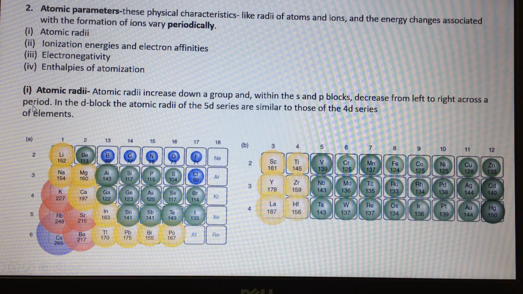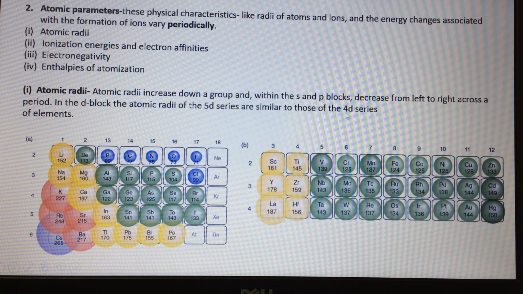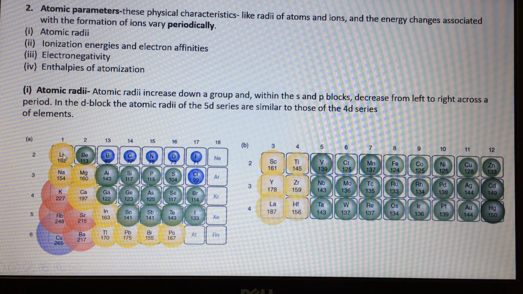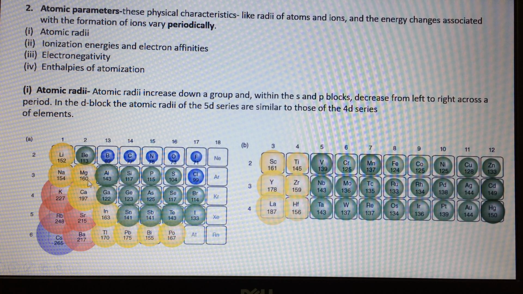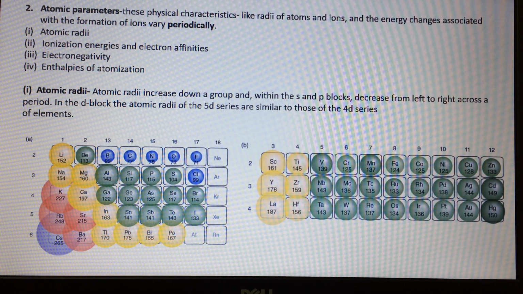Everybody knows these are the common factors. And for the d block, the atomic radii of the 5d series and 4d series are almost similar, if you see here. But if you see the p block and s block elements, the atomic radii increase drastically from top to bottom.